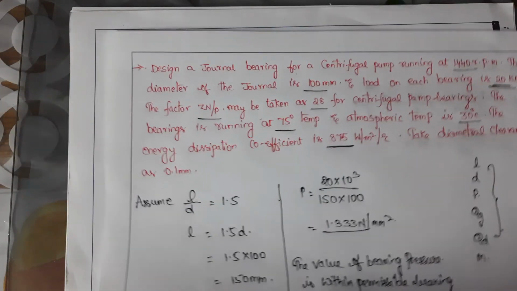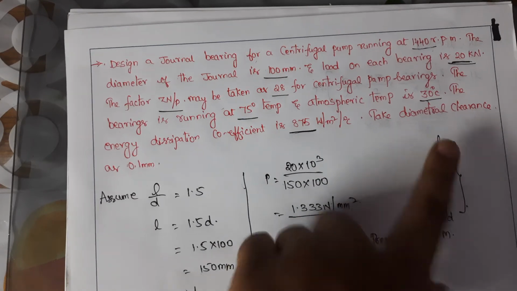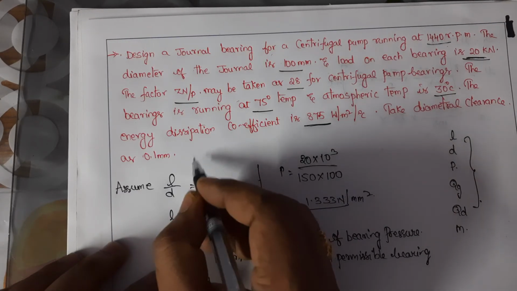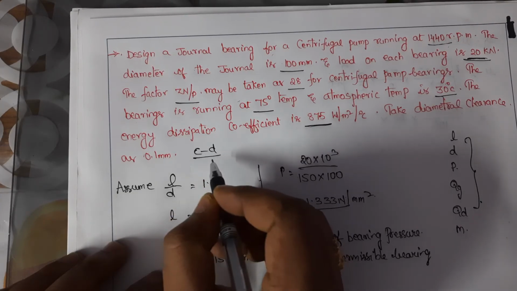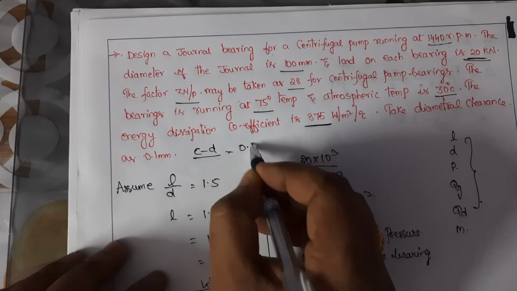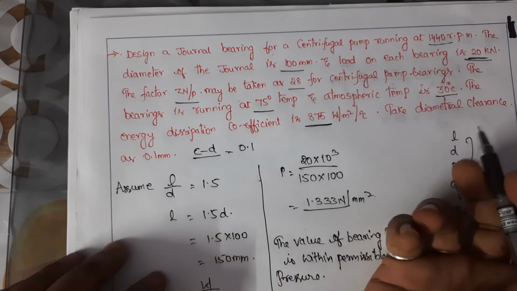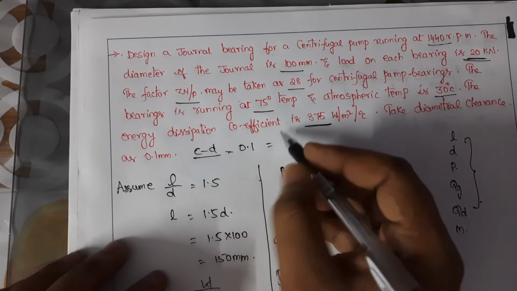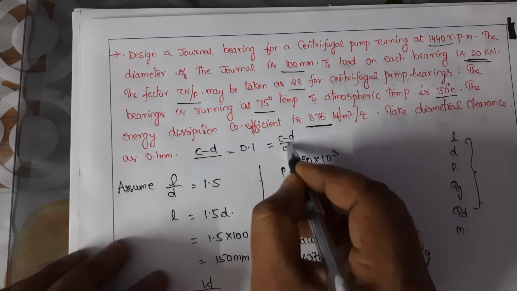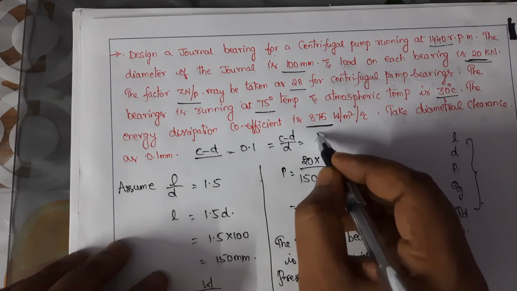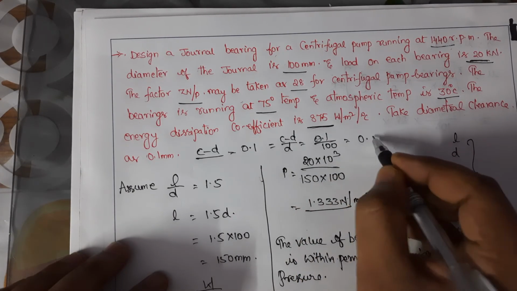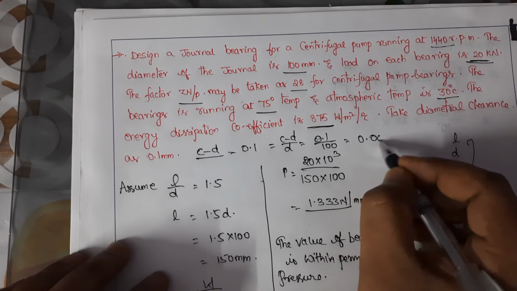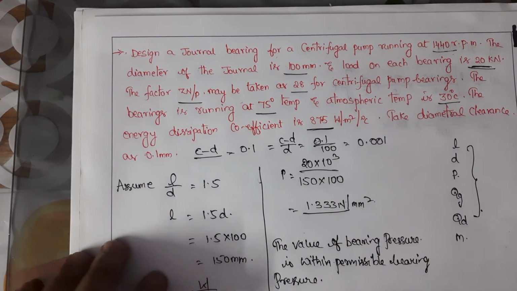So D by C, in the question he has mentioned diametral clearance, that is nothing but capital D minus small d. C minus D is equal to 0.1 he has mentioned. The diametral clearance ratio is nothing but C minus D by D, 0.1 by 100, that is equal to 0.001.